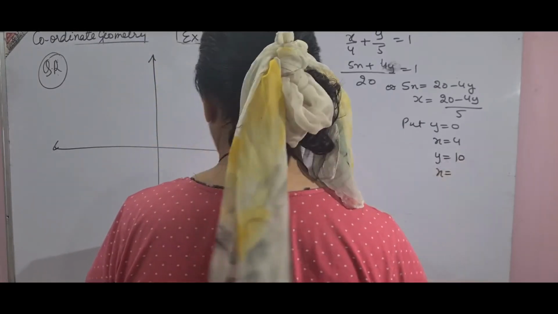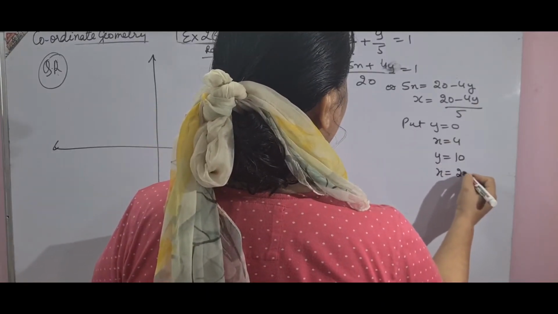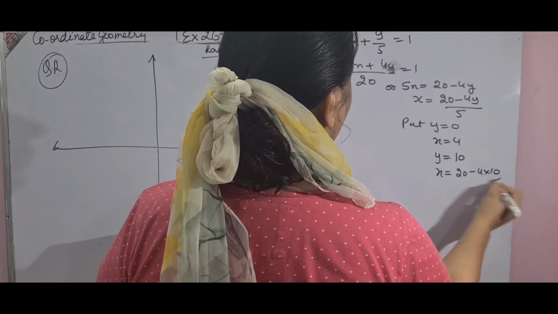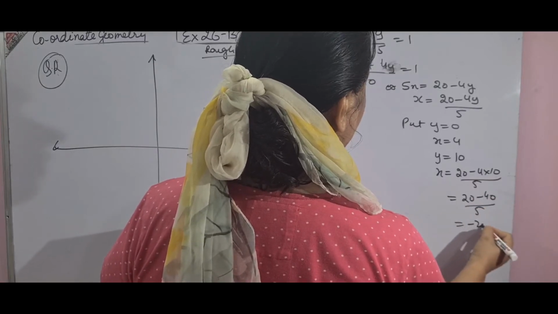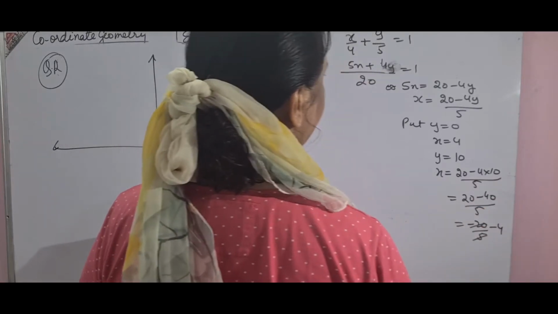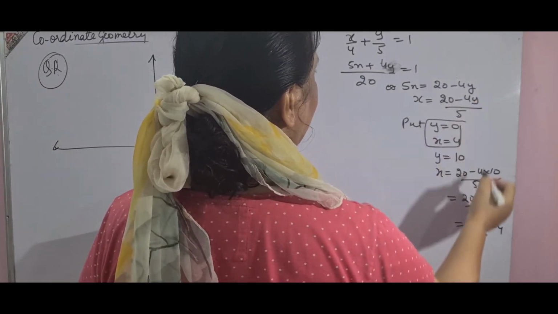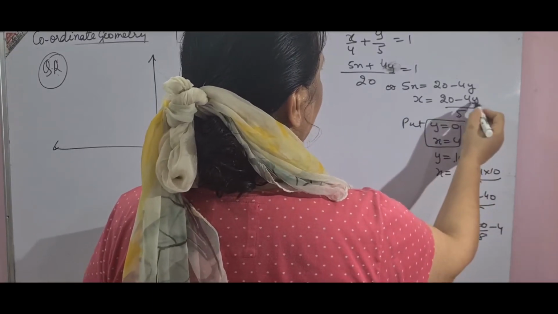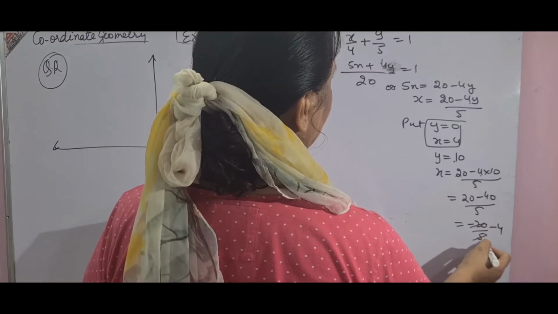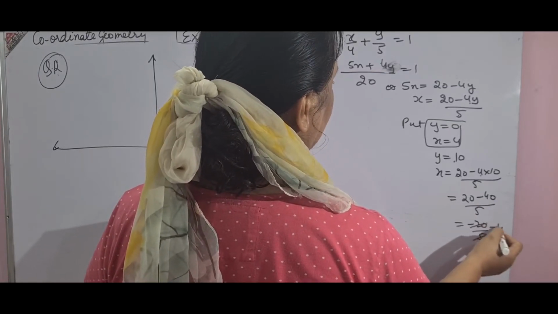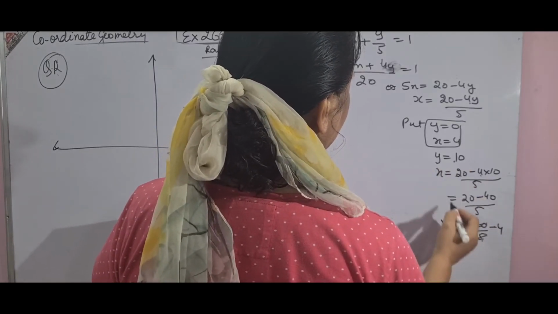This will be (20 minus 4 into 10) upon 5, which is (20 minus 40) upon 5, or minus 20 upon 5. This is minus 4. So the second value is y is equal to 10, x is equal to minus 4.